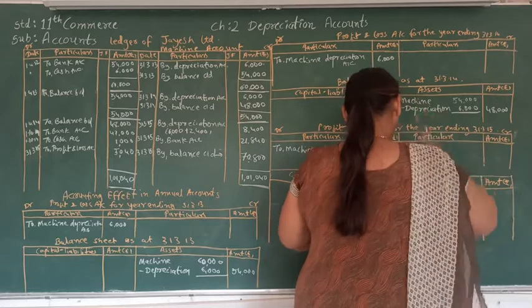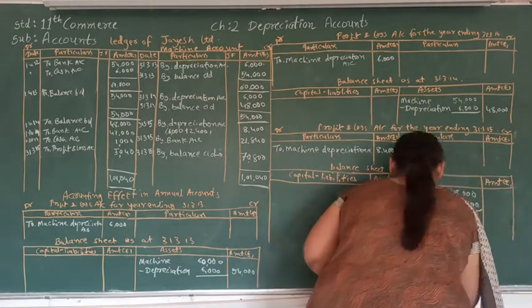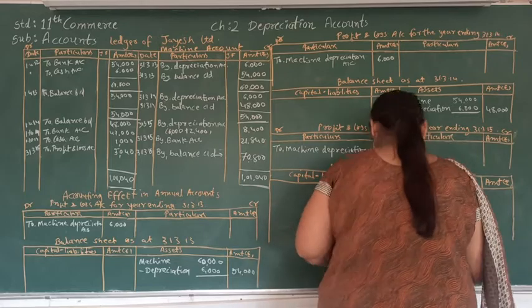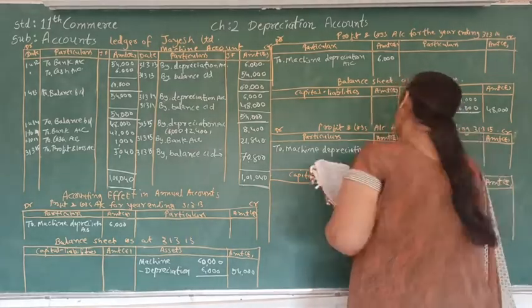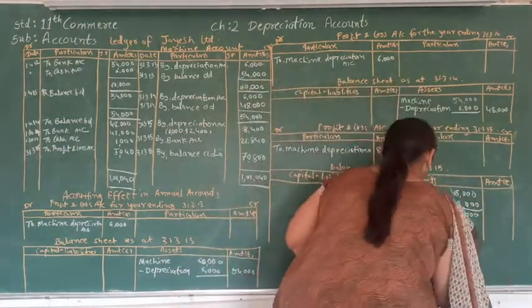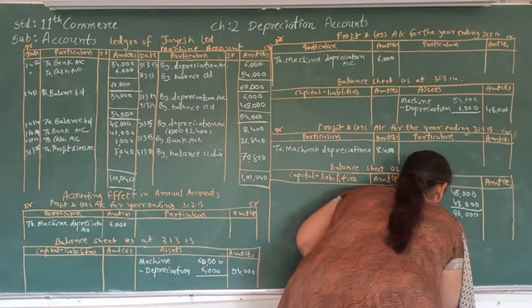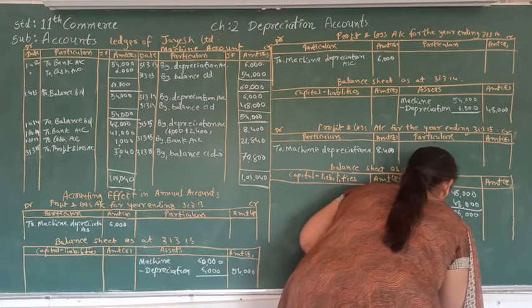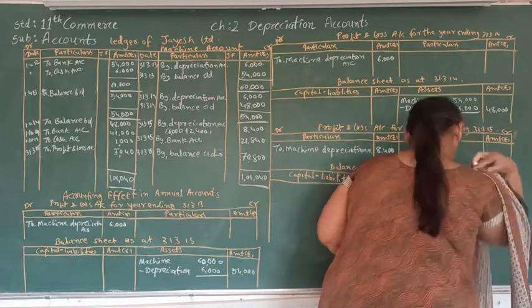Now this is 96,000. From that, let's deduct the sale, and the sale we have to deduct at book value, and the book value of that machine was 16,800, sale of 40%.